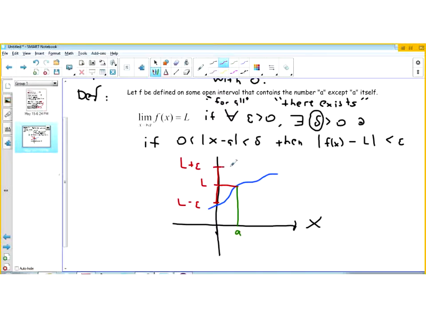We don't know if f of A is equal to L. f of A may not be equal to L, but what we really want is this.